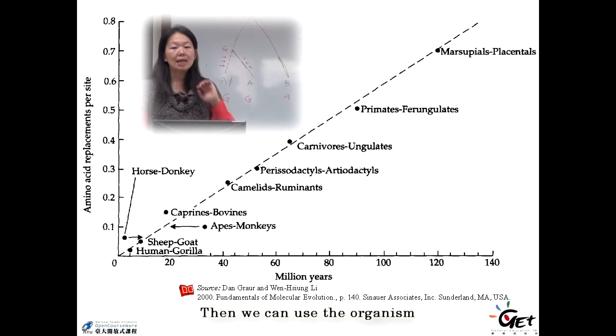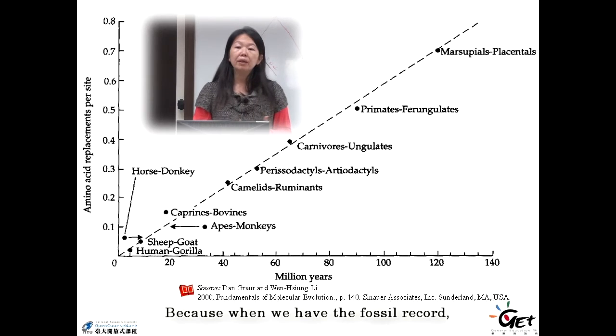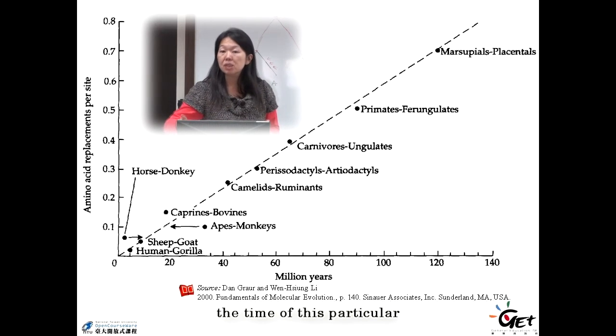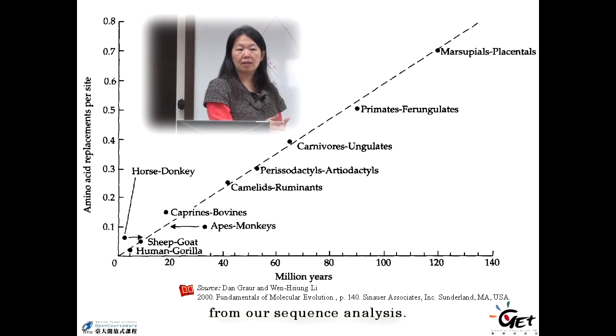Then we can use organisms with a very good fossil record, because with fossils we have a totally different way to estimate the time of the split, independent from our sequence analysis.